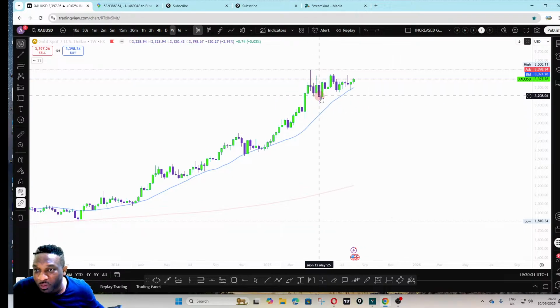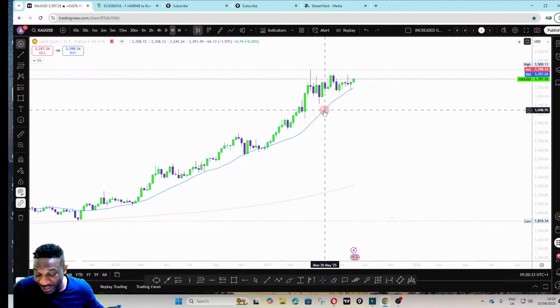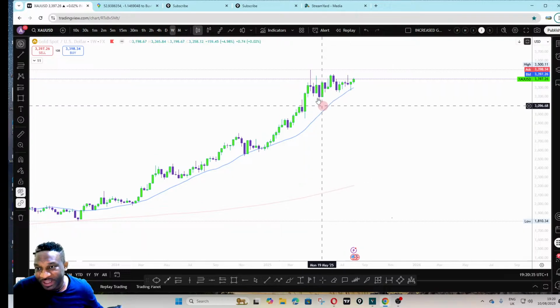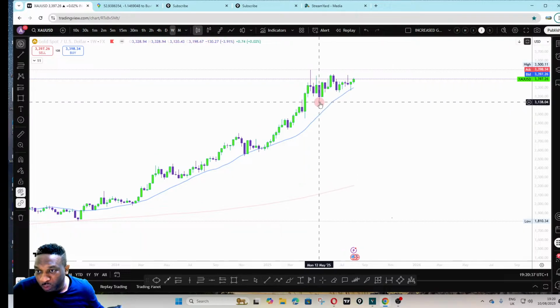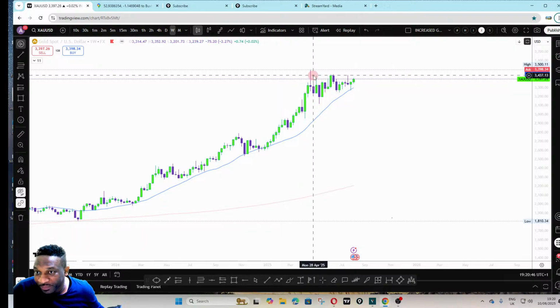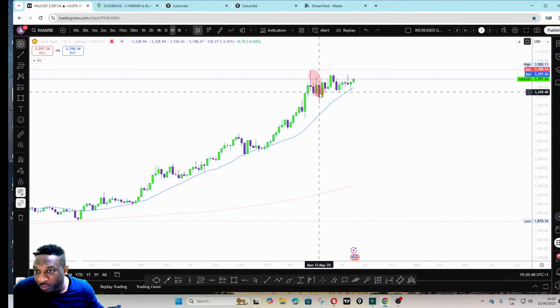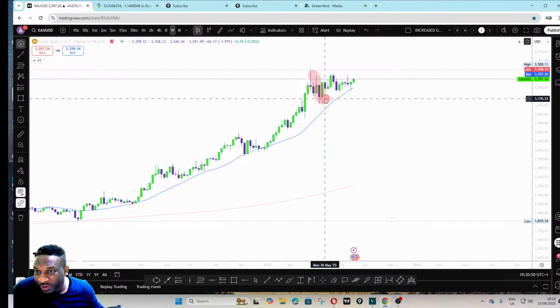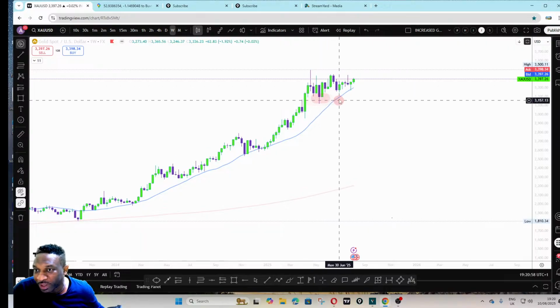For instance, if they want to buy the market, they will do it in bits. Some traders will think, oh, it's going to sell from here, so they will sell from here, and the big players will take the order, buy from this point, keep on buying, accumulating their orders.